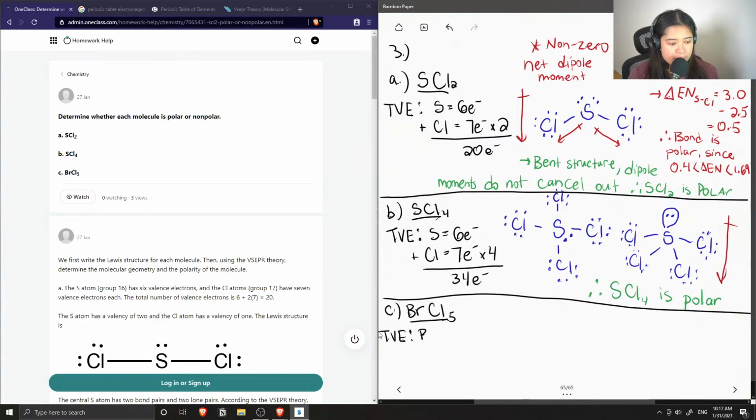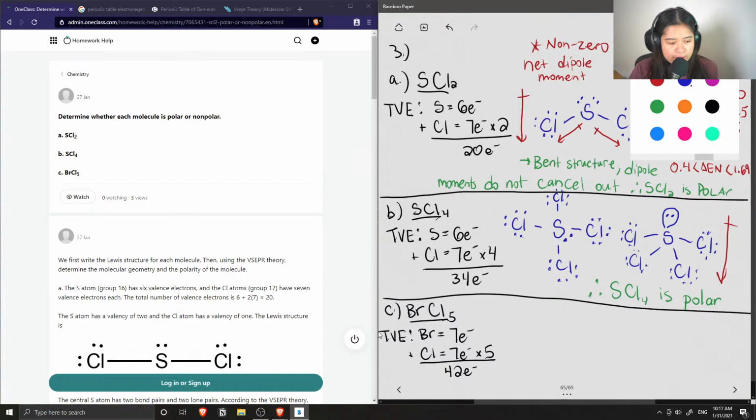So bromine has 7, and chlorine also has 7. And since there are 5 chlorine atoms, we multiply this by 5. And if we were to add these up, we get a total of 42 valence electrons.